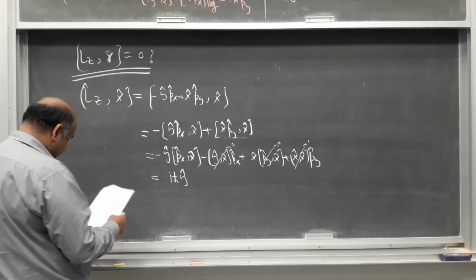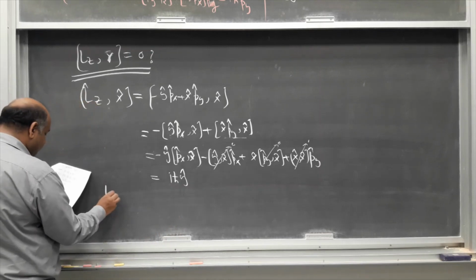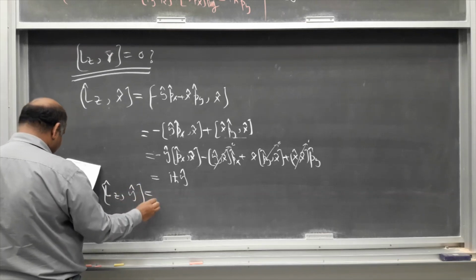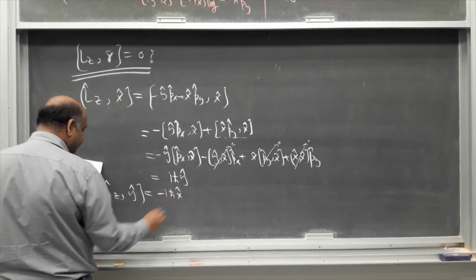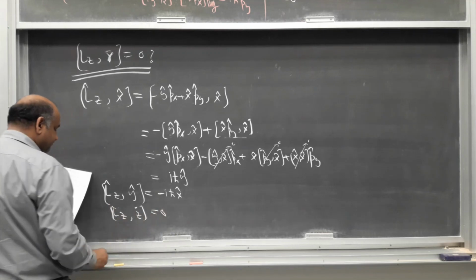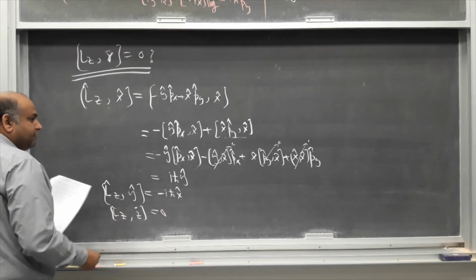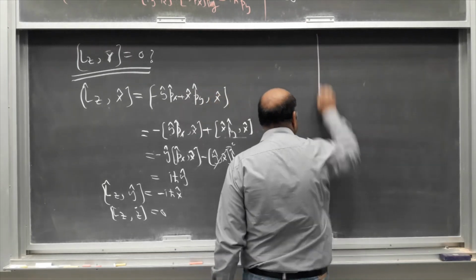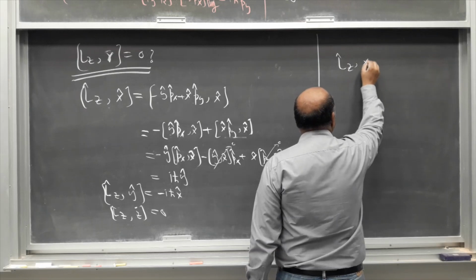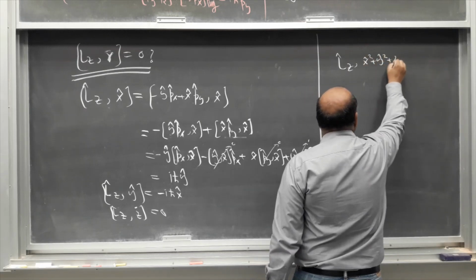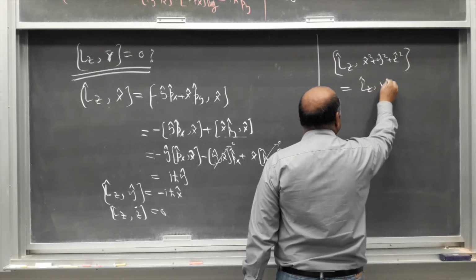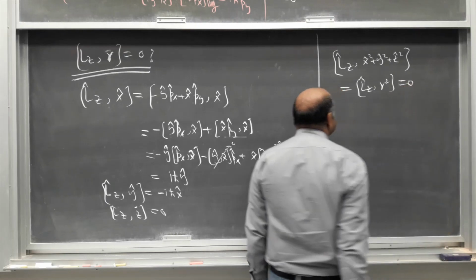Similarly, you can see that Lz and y, this is minus iota h cut x, and Lz z is 0. And then using these, we can then easily show that Lz commutes with x squared plus y squared plus z squared, which is this.